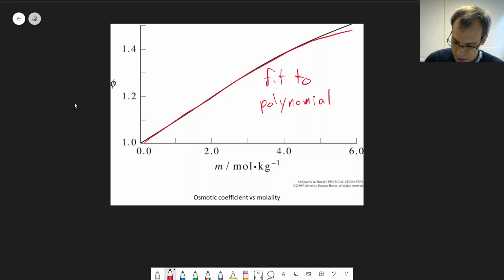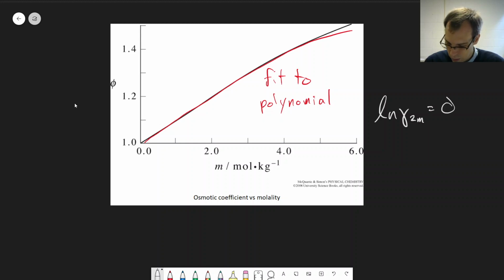This is similar to what you would do for fugacity coefficients as well. That gives you a function that describes phi, and once you have that fit, you can plug it into the integral from the equation we looked at in the last video.